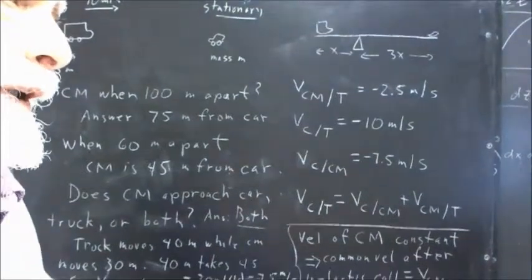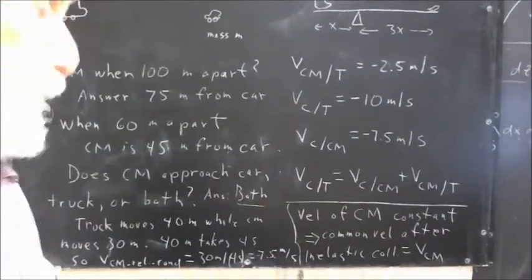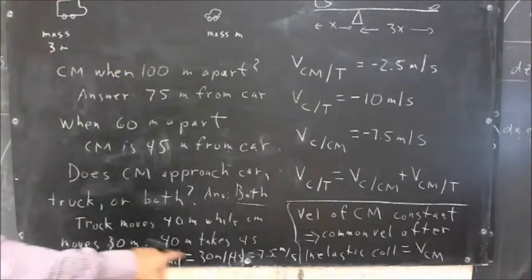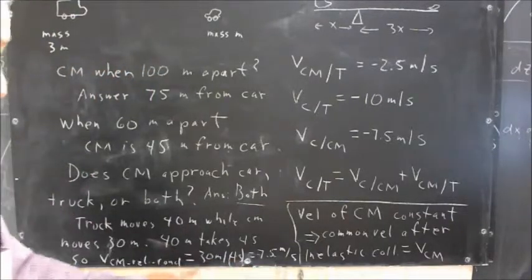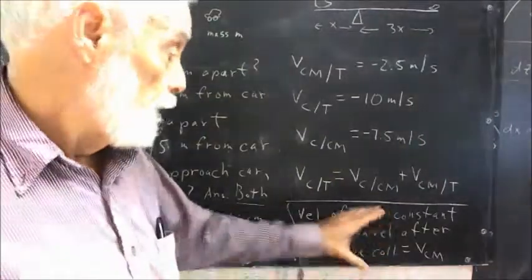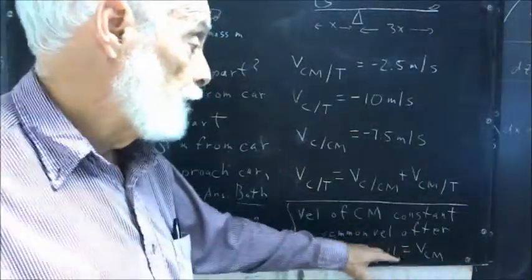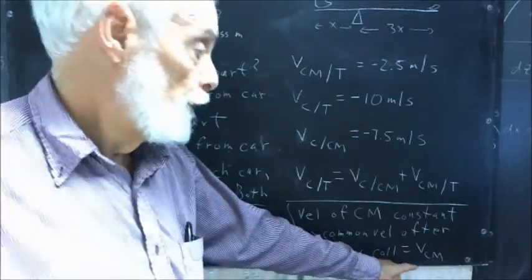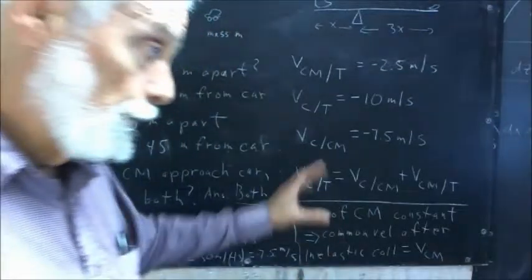And the camera's not aimed low enough to see that. We also get that calculation of the velocity of the center of mass here that apparently was not visible before. Okay, in any case, velocity of center of mass after collision is the same as the velocity before, so we just use VCM for both.